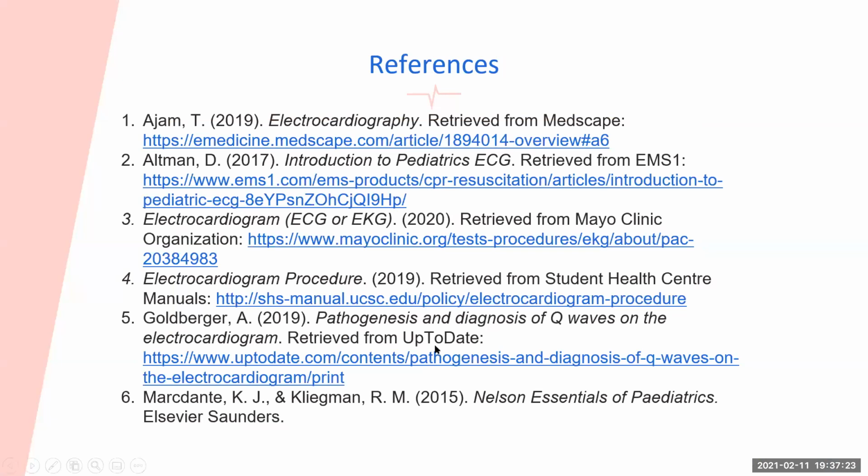Formal comment. You will write how is the rate, how is the rhythm, how is the axis; you will find about 8 or 9 points you need to comment. For your time now, it is top important. And then after that, you will collect piece by piece for different diagnoses.